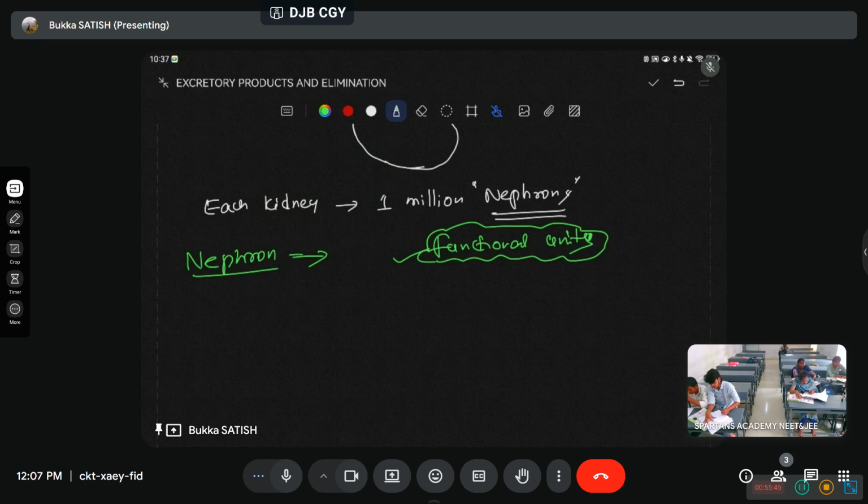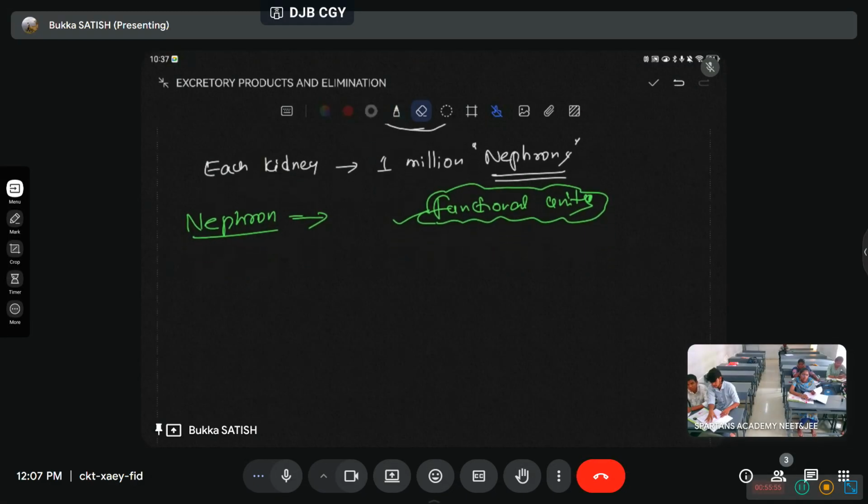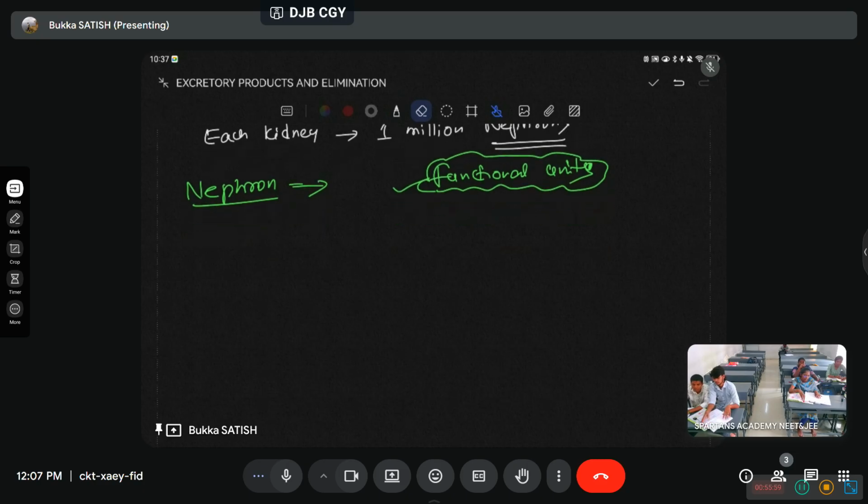Okay, so we'll see how this nephron arrangement will be and how exactly it functions later. So coming to the arrangement of this, just listen. I'll be giving a simple diagram to understand. Later we'll see the NCERT figure. See, each nephron consists of two different components.